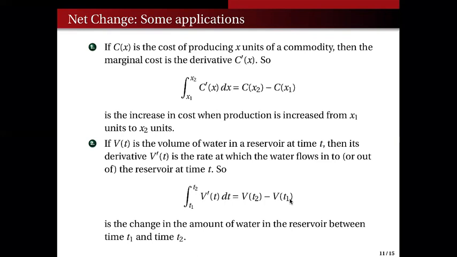That's the net change, the amount of water that went out or was added. So this is the change in the amount of water in the reservoir between time t1 and time t2.